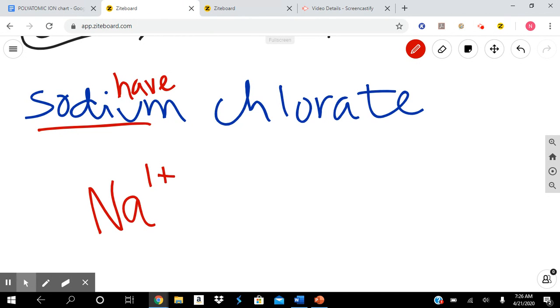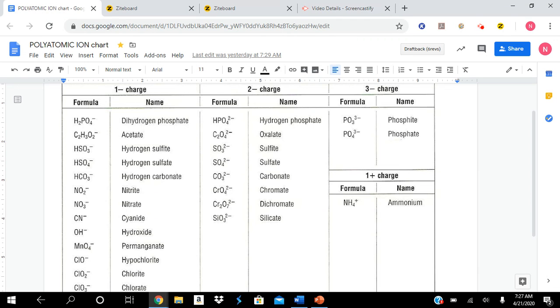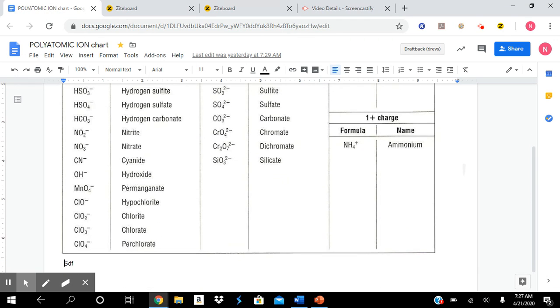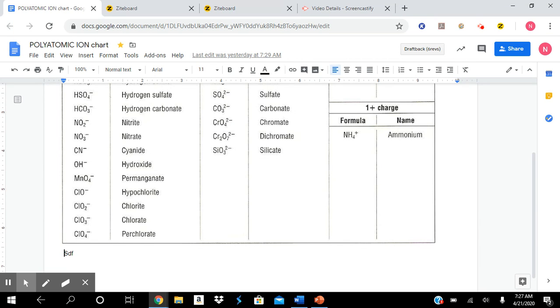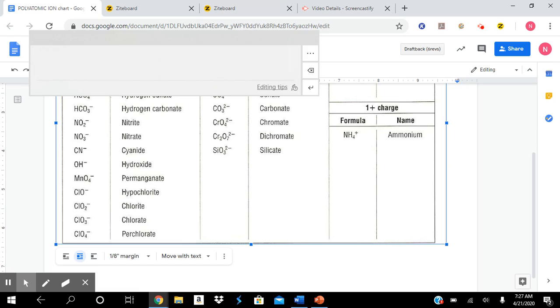Right, the next one is chlorate. So I know from the ending that it's a polyatomic ion. So I'm going to go to the chart and look for chlorate. And it's all the way down here at the bottom. Chlorate.